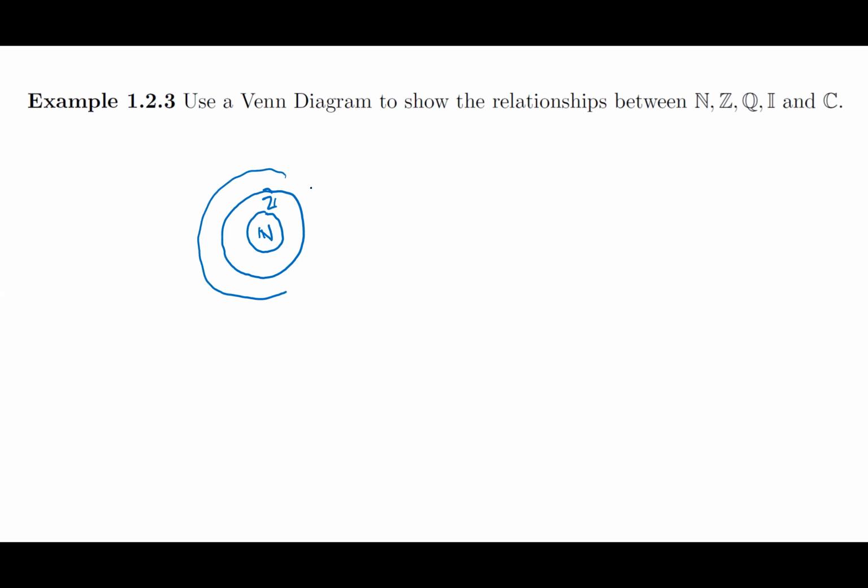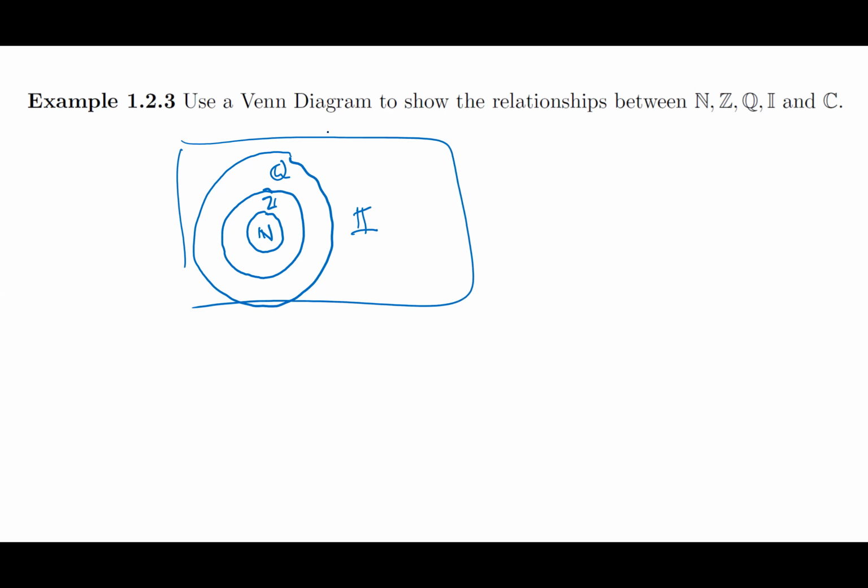The integers are contained in the rationals. Outside the rationals, you've got the irrationals. And then together, you've got the real numbers, okay?